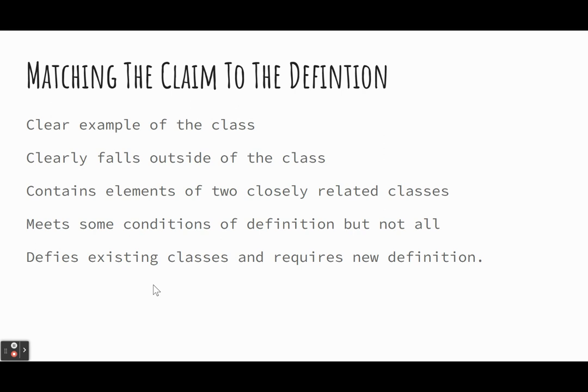I think I've already covered that. All of those things are part of matching your claim to the definition. So you can think about, is it clearly inside the class? Is it clearly outside? Or do you have to do some mixing and matching to make this work? And the assignment's set up so that I think you almost have to mix and match to make things work.